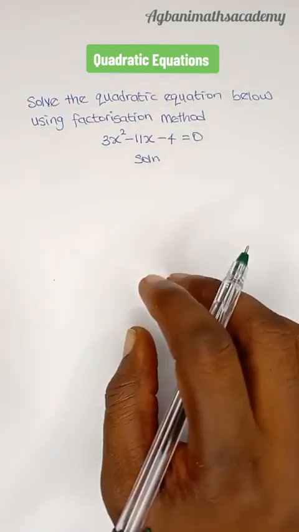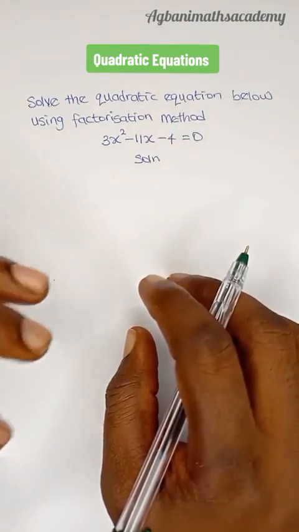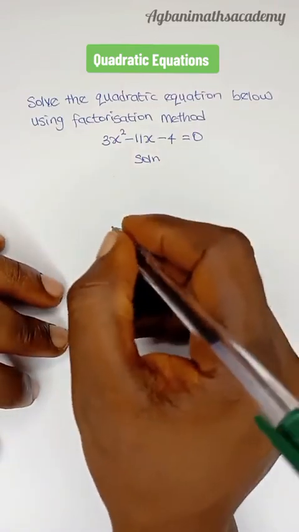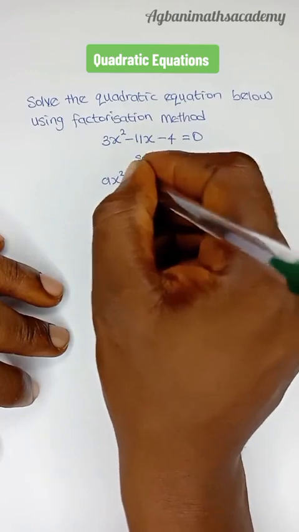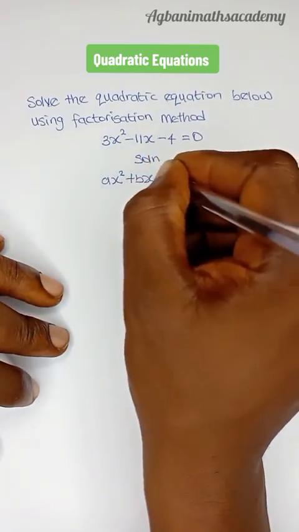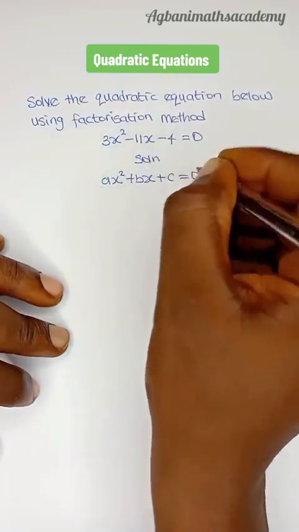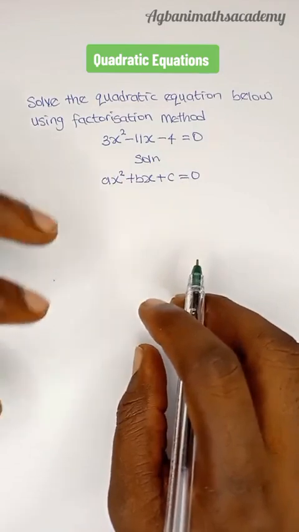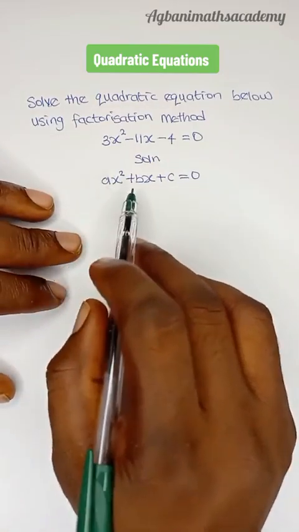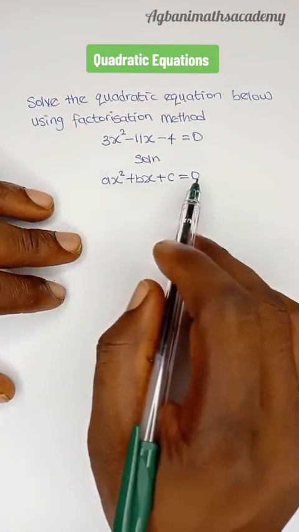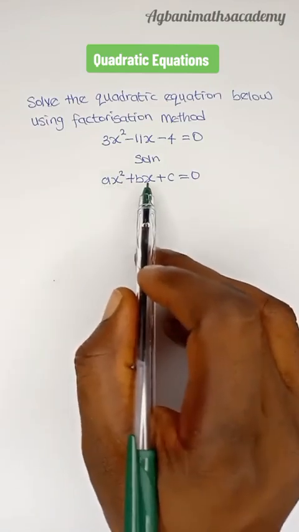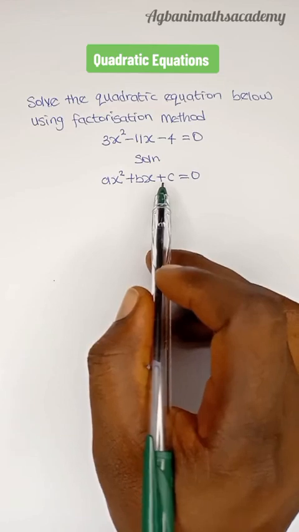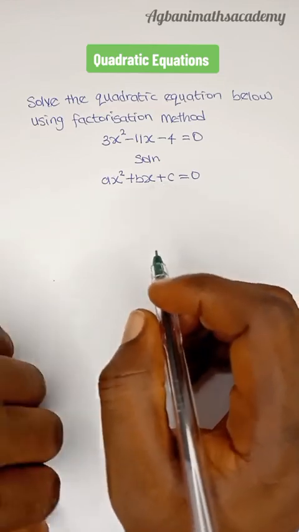So for us to do this, the first thing we're going to do is write down the components of a quadratic equation in this form: ax squared plus bx plus c is equal to 0. Every quadratic equation is in this form, where a is the coefficient of x squared, b is the coefficient of x, and c is the constant of the quadratic equation.